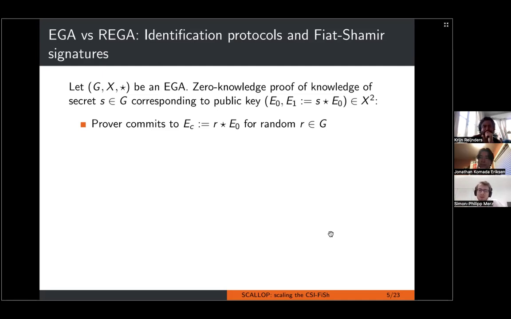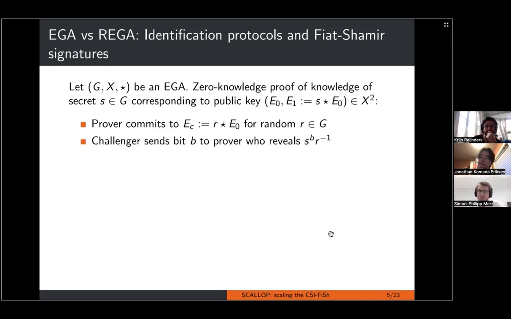So E0 and E1. E1 is the image of S, the secret, acting on E0. And the way a prover can prove knowledge of the secret without revealing it is by first committing to another set element, which is just randomly sampling a group element, acting on the E0 element and sending it over to the challenger.